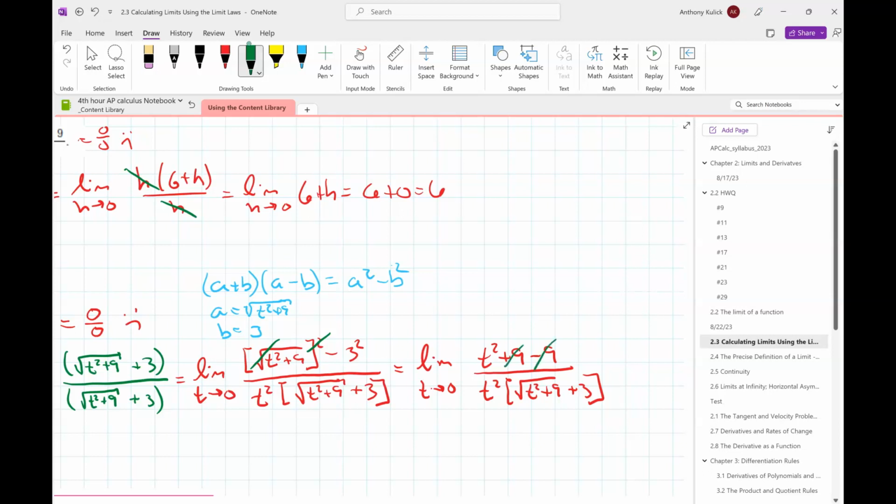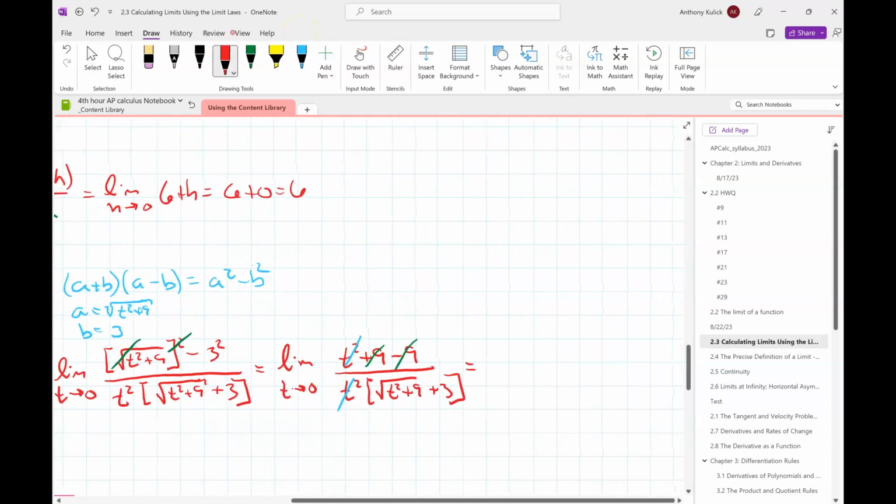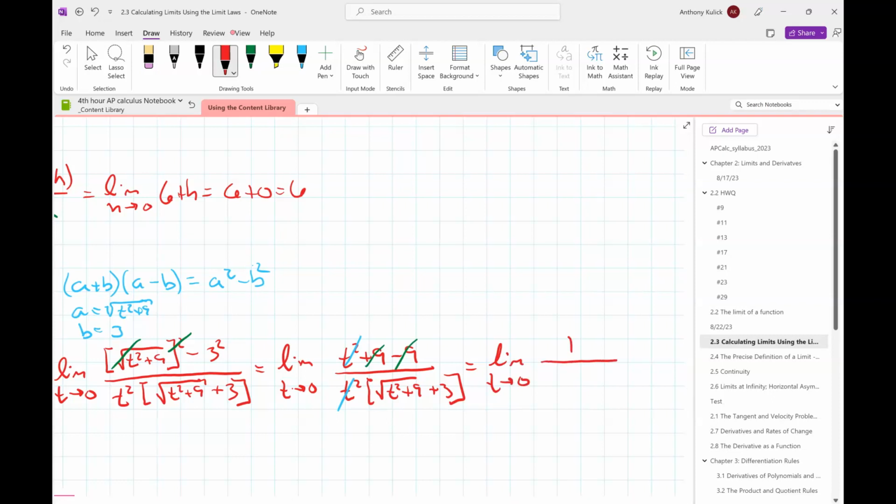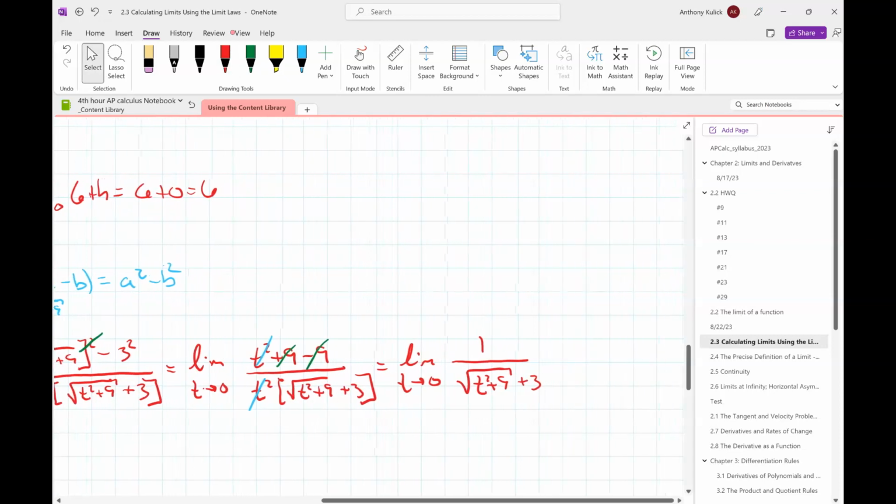The plus 9 and minus 9 cancel, and the t squareds can cancel. So that's what's left. Can I direct substitute that? You betcha.